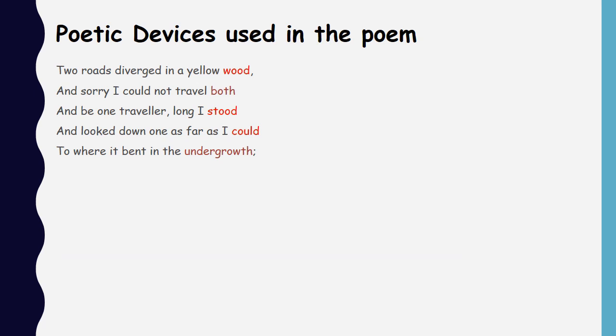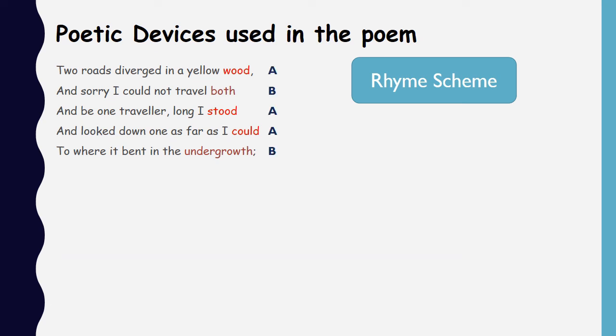So if we label the words with the same sound, for example, would, stood, could labeled as A, and both and undergrowth labeled as B, we can determine the rhyme scheme of this poem, which is A, B, A, B. And this rhyme scheme runs through the entire poem.